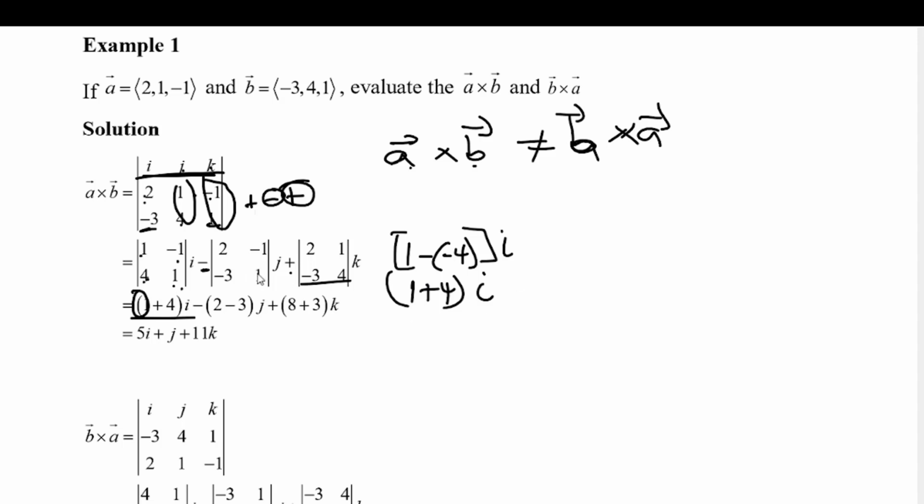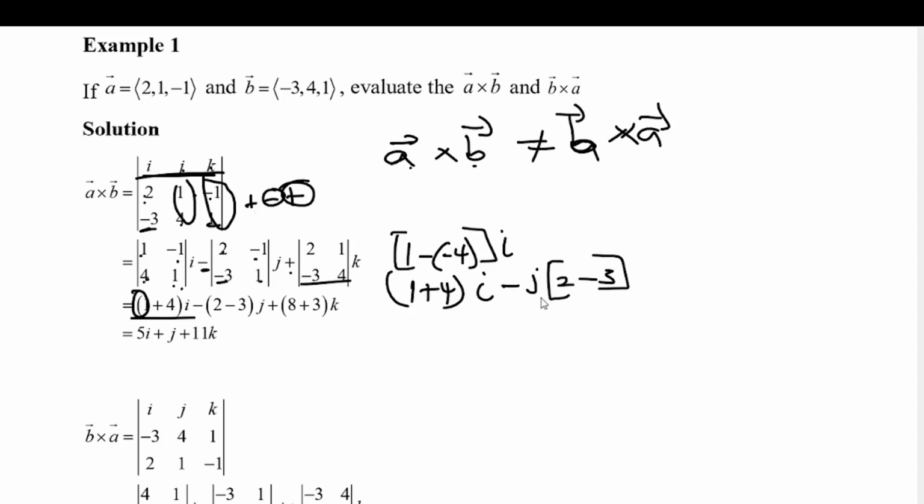Then the next one is minus. So J into brackets, 2 times 1, which is 2, minus negative 3 times negative 1 gives us positive 3.